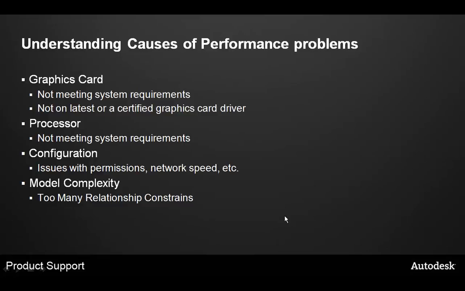This is an important step to make sure that your hardware is optimized for running the software. Make sure you meet the minimum system requirements as well. For 2011, make sure that your graphics card is on the certified graphics hardware list and that you can use hardware acceleration within the product. This can have a significant contribution to performance in Revit 2011 products.